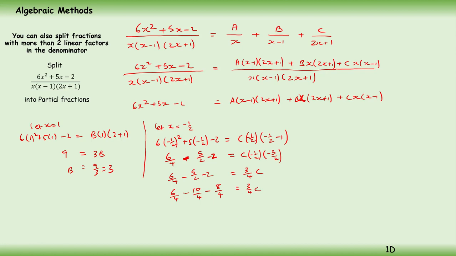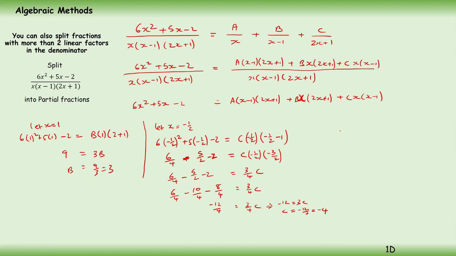So I've got 6 minus 10 minus 8, so that's going to be minus 12 over 4 is equal to 3 over 4. You can ignore the denominators because they're both over 4. So it's going to be minus 12 is equal to 3c. So c is going to be equal to minus 12 over 3, which is equal to minus 4.